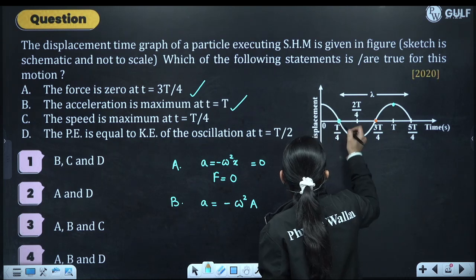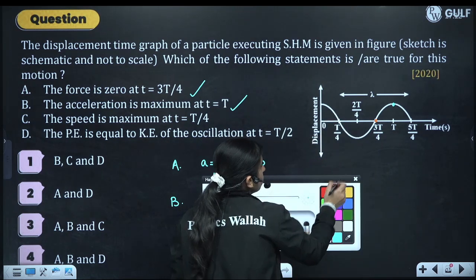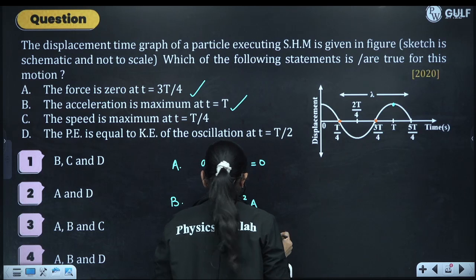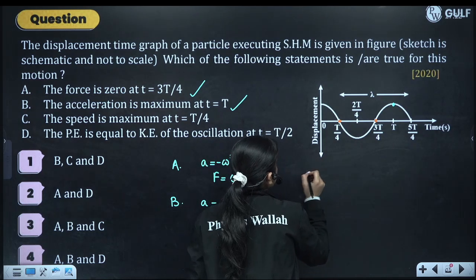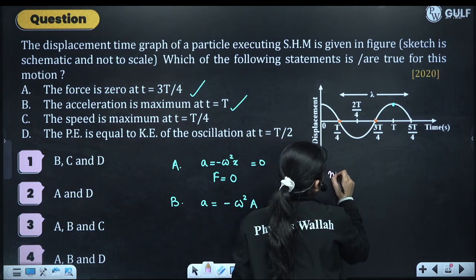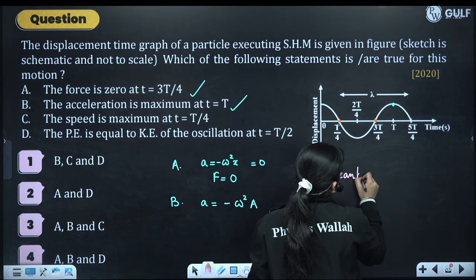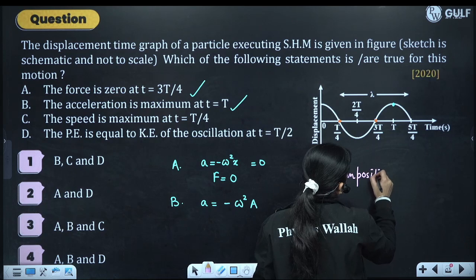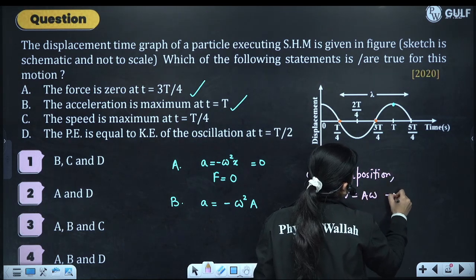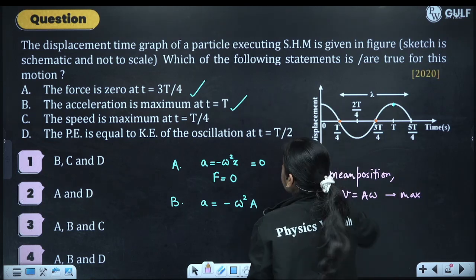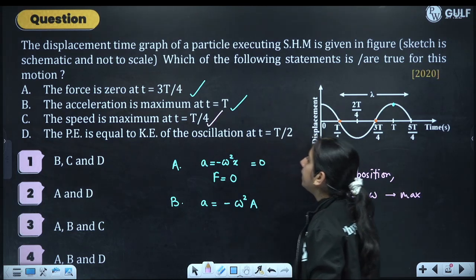At T by 4 the particle is at the mean position, so velocity will be A omega, again maximum. So speed is maximum at T by 4.